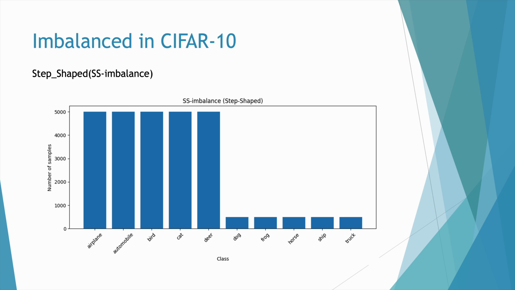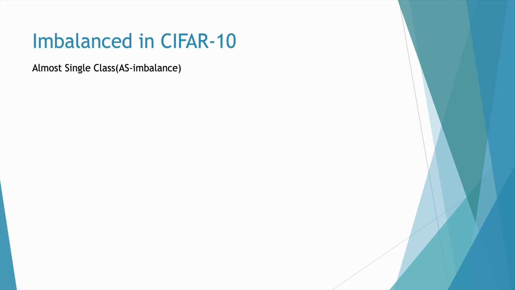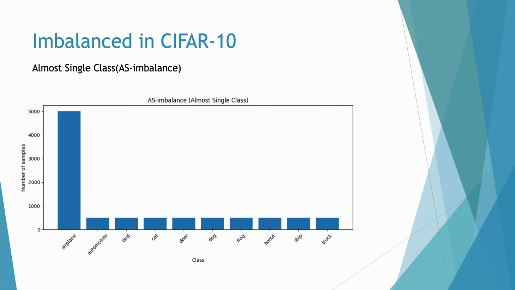It replicates scenarios like disease detection, where some conditions are rare. And the third one is the almost single class imbalance. In this imbalance, one class is extremely common and the rest are rare, just like in fraud detection, where fraud can be a tiny fraction of all the transactions.